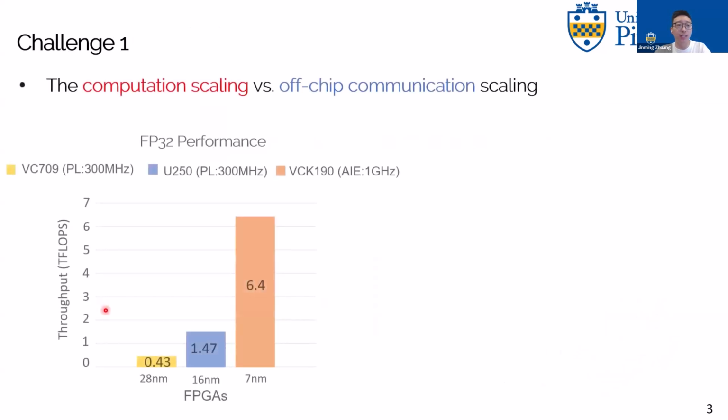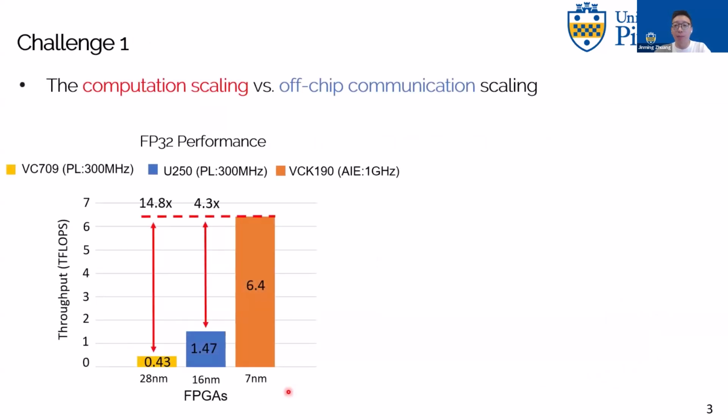As we can see in this following chart, compared with the previous FPGAs, the U250 16-nanometer data center board and the 28-nanometer VC709 FPGA, in terms of computation scaling, the throughput of VCK190 under FP32 data type is 4.3x over the U250 FPGA and 14.8x over the VC709 FPGA.